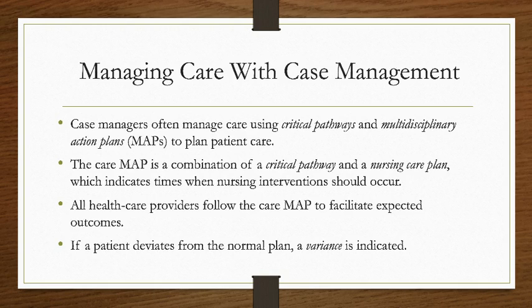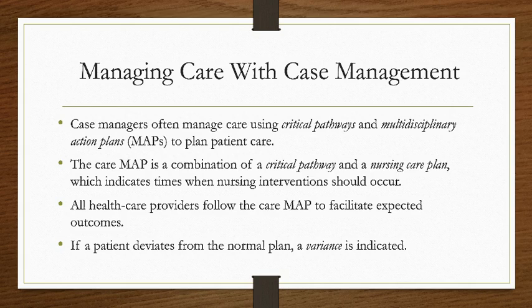Managing care with case managers. An element of case management is understanding that many case managers use a multidisciplinary action plan. And a multidisciplinary action plan is like what nurses call nursing care plans. This is actually a combination of a critical pathway, which is the interventions for medical care, and then a nursing care plan.